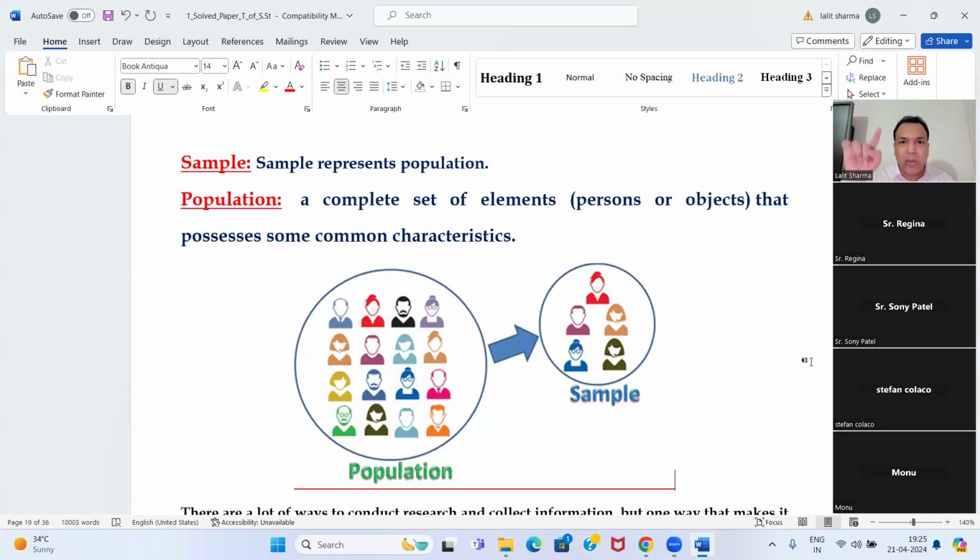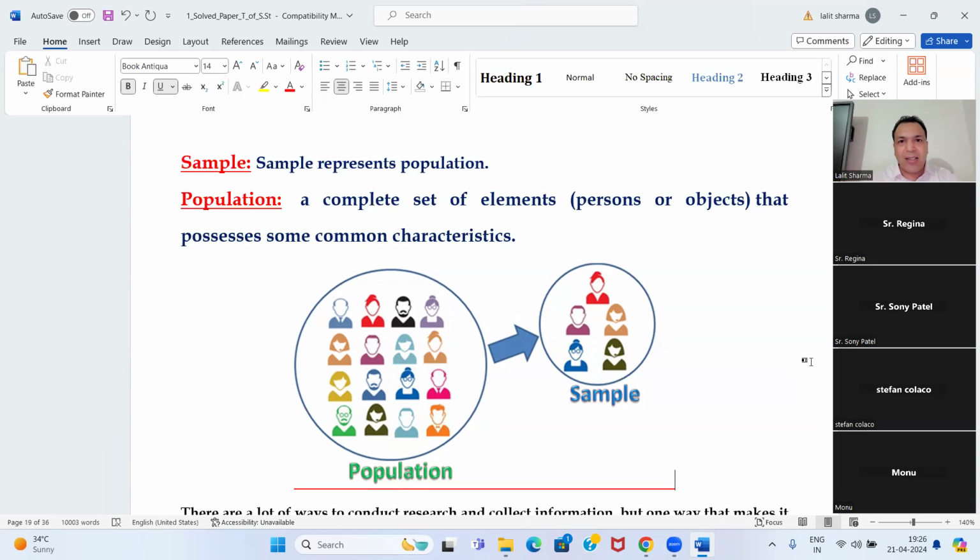Ab wo jo 10 schools you have taken, with one questionnaire, you approach the 10 schools, you check the level of ICT of the 10th class students. Whatever your result comes, you can claim your result for the 100 schools, because these 10 schools you have taken from the 100 schools.